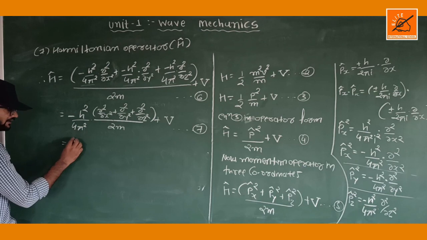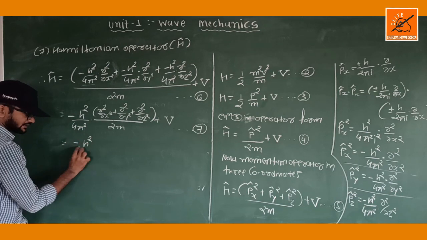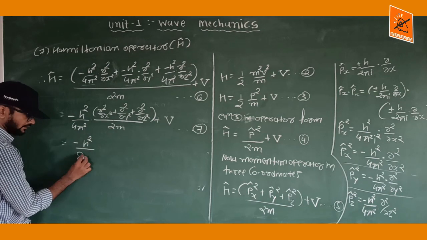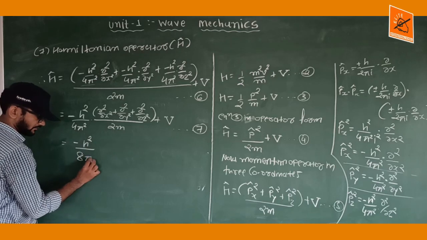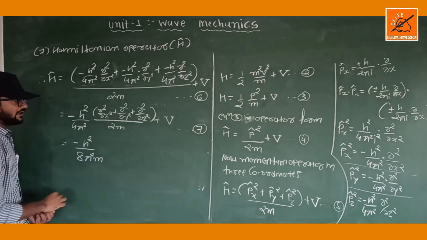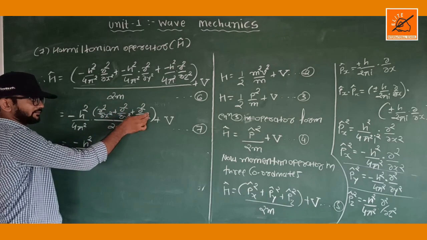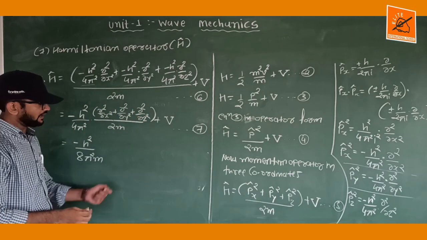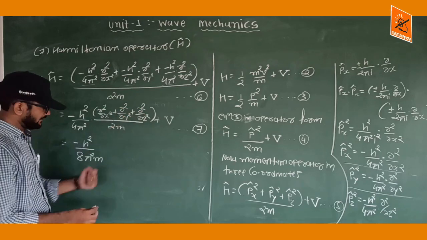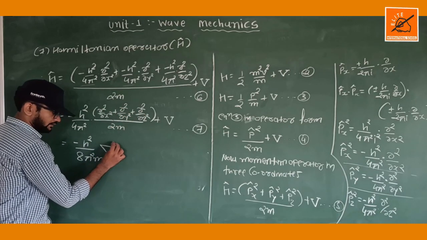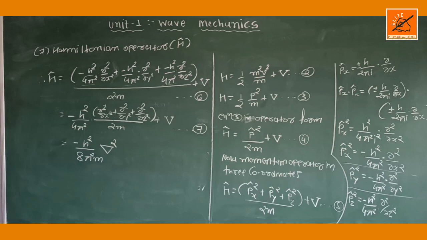So this term will become minus h square upon 8 pi square m.